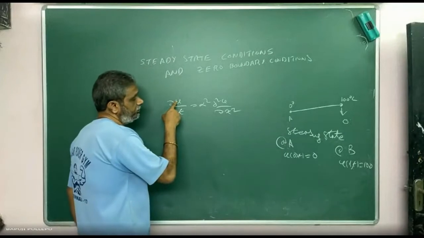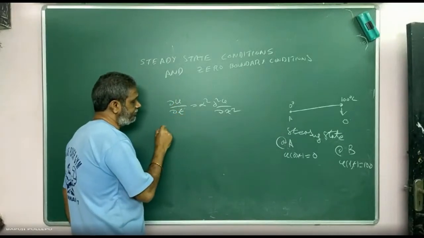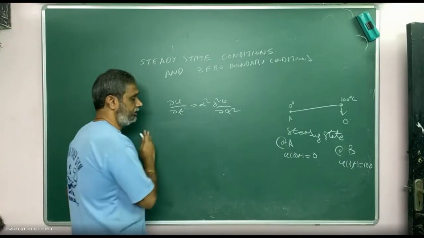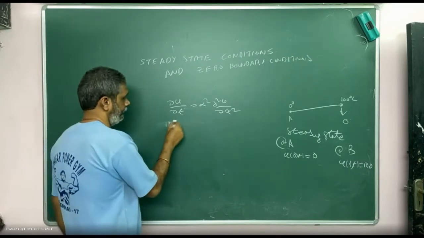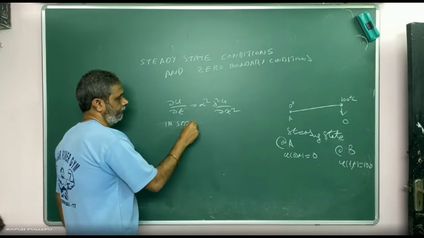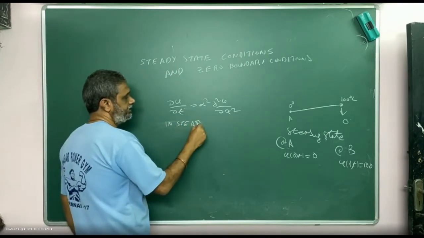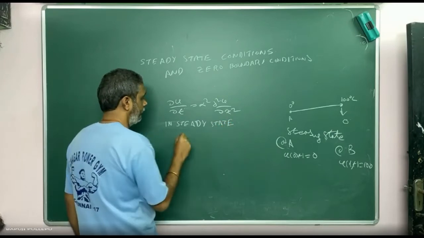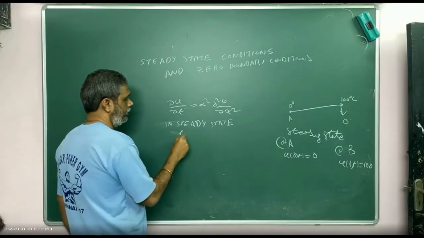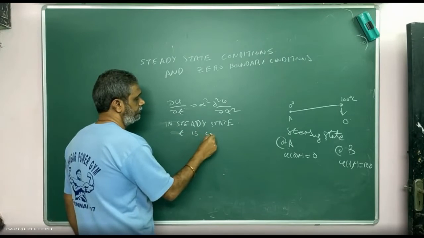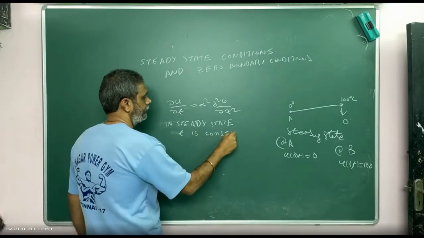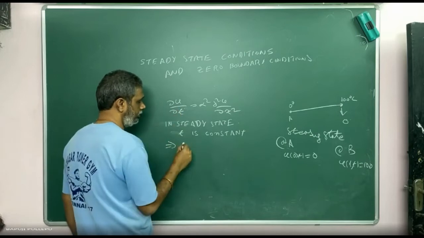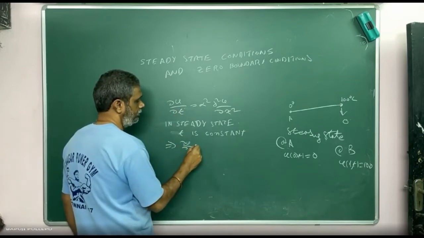Steady state means dou u by dou t is equal to 0. This becomes alpha square dou square u by dou x square. Okay, if you want you can write: in steady state, t is constant, implies dou u by dou t is 0.